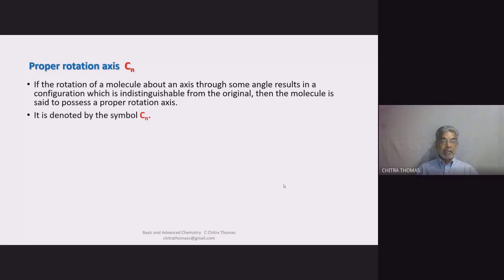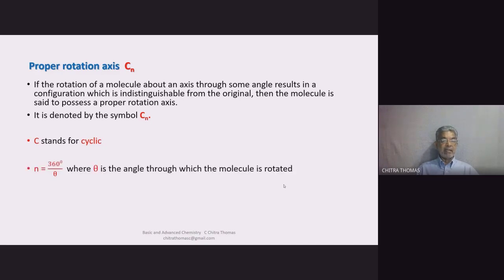It is denoted by the symbol Cn, and the C stands for cyclic. n is equal to 360 by theta, where theta is the angle through which the molecule is rotated. Cn is called the n-fold rotation axis, and n is the order of the axis.